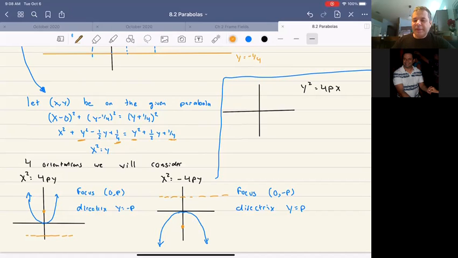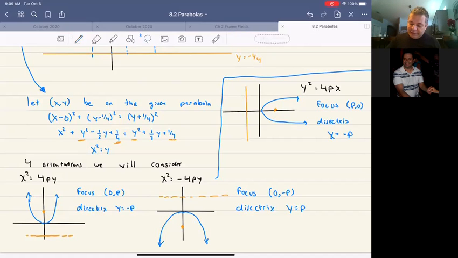In that case, it's oriented to the right. Our focus is at (p, 0) and our directrix is x equals negative p.